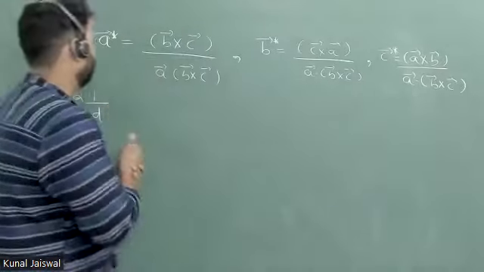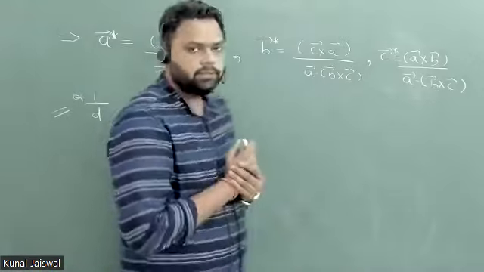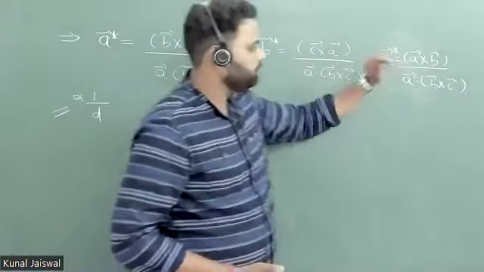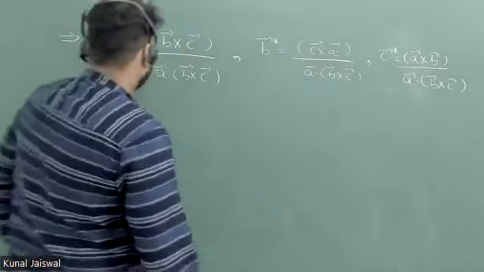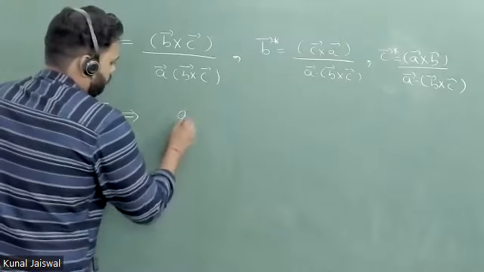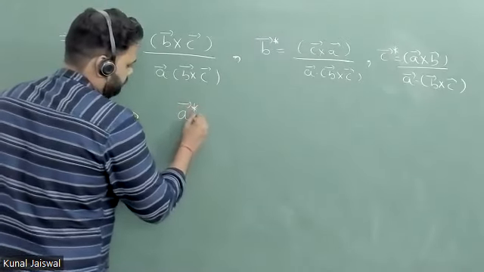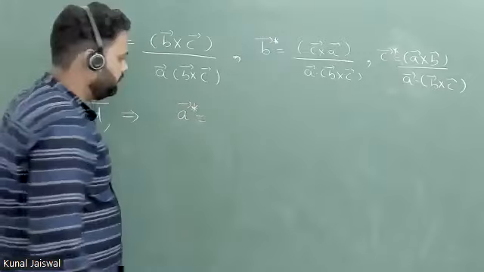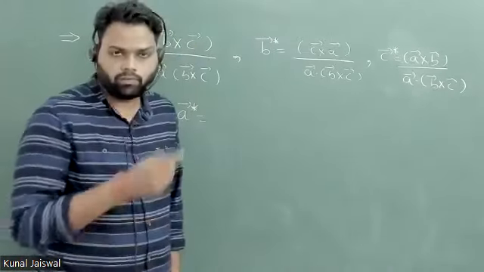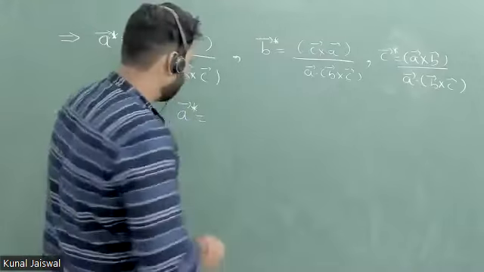So basically we have arrived at our conclusion, but there is something missing here. If we see the A star vector, as I told you, its dimension is 1 upon D, that is 1 upon meter.